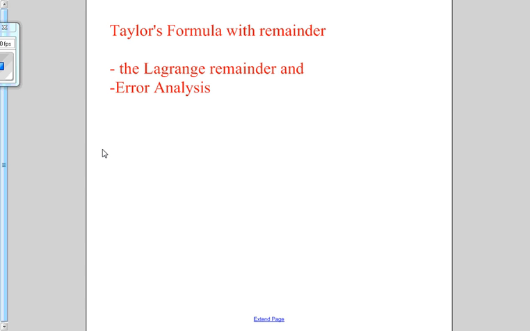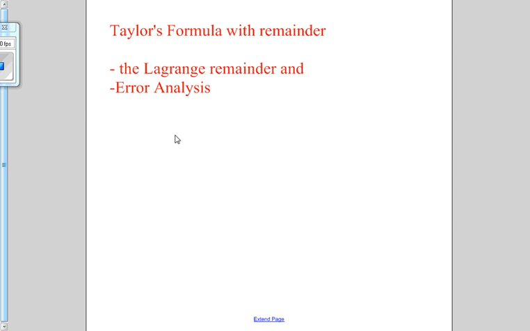Okay, this is the last topic in series and sequences. And this last topic is a pretty fundamental key contribution to mathematics from Taylor and from Lagrange, two very famous mathematicians. So what we're going to look at now is something called the Lagrange remainder and a topic of error analysis.